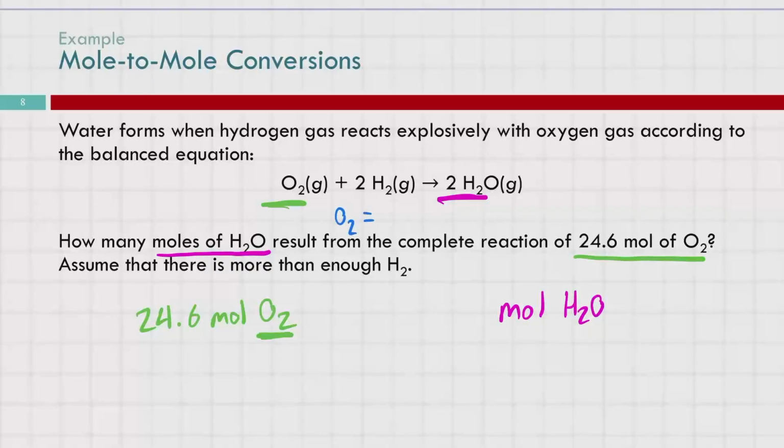So O2 turns into 2 H2O. And we can make a conversion factor with that. We're starting with O2, so we need to get rid of the O2. That means the O2 in our conversion factor has to go on the bottom, and the 2 H2O goes on the top.